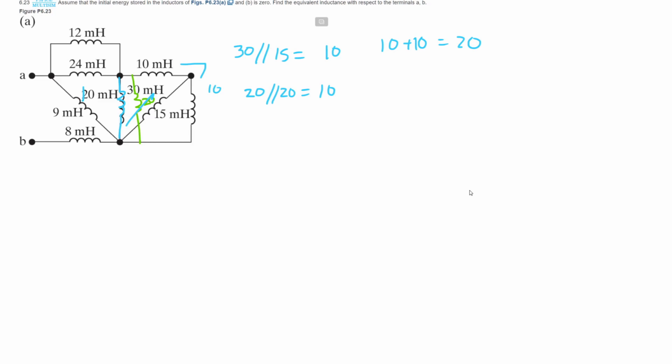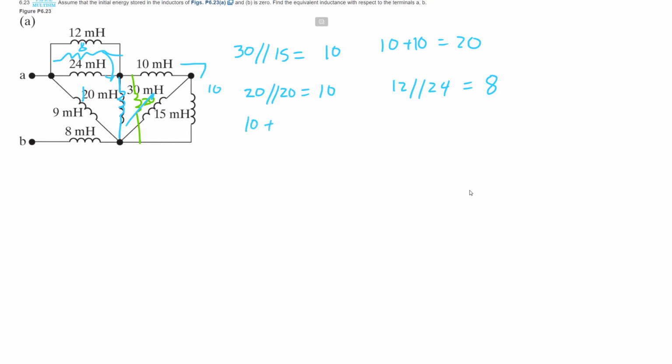Now I'm going to go ahead and simplify the other ones quickly. Now these two, the 12 and the 24, are clearly in parallel. 12 in parallel with 24 is going to be 8. And say that new 8 is in series with the 10.